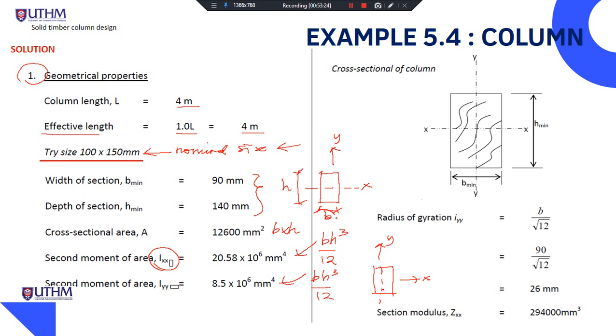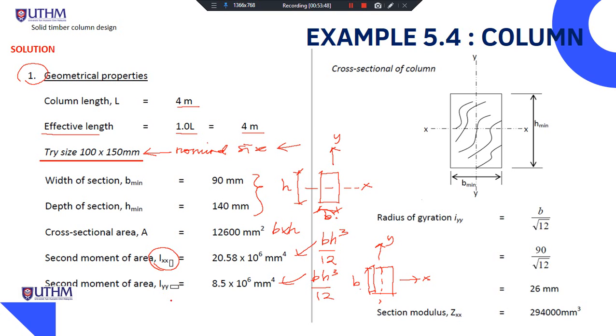So this is our Y axis, and the B is taken as 140. Okay, so this is the B for the Y axis. So this is how we read the second moment of area for the X and Y axis for column.